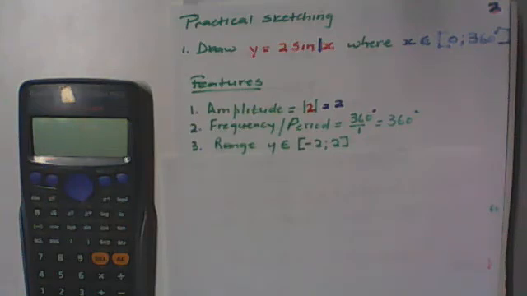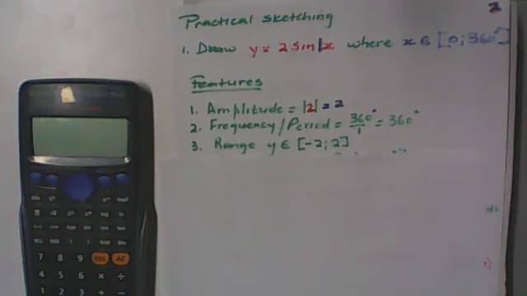So our range here is -2 to 2. We always start with the smaller number, from the least to the greatest. That is y. The range is always determined by y.